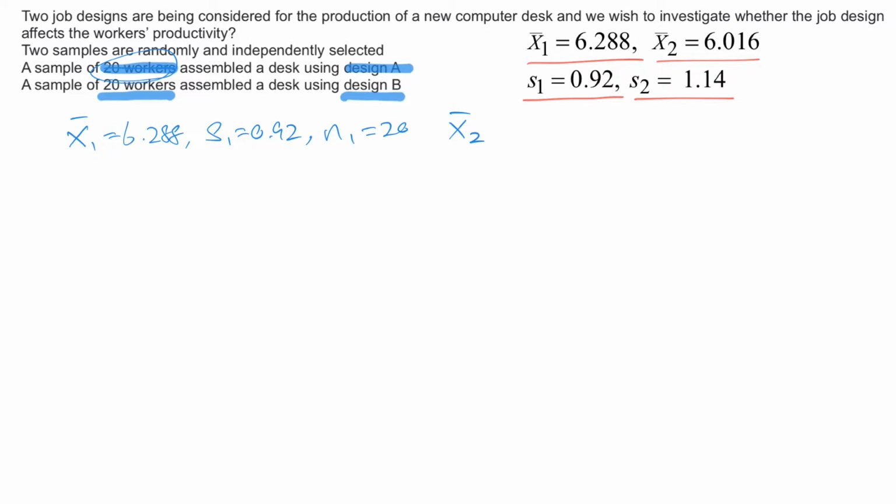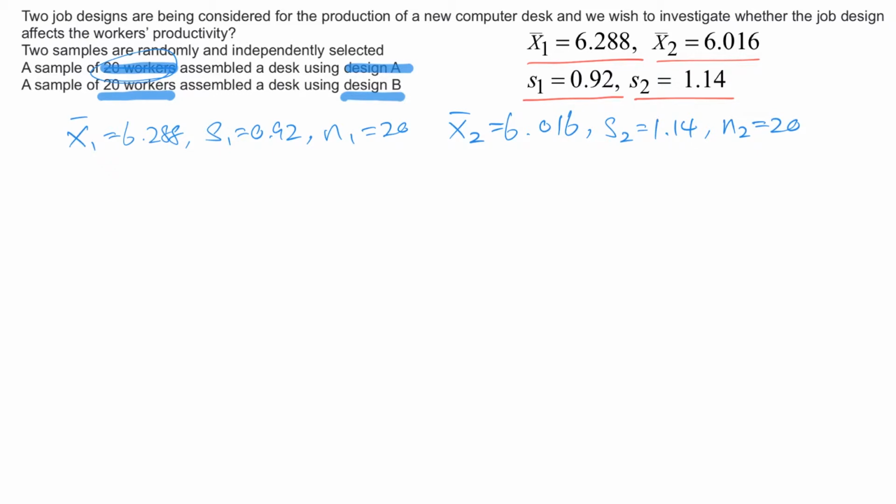We also need to set out our design 2, so we'll denote that with x bar 2. That is 6.016. Our sample standard deviation for design 2 is 0.14, and our sample size for design 2 is also 20.